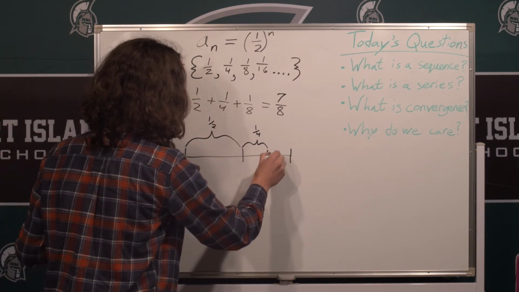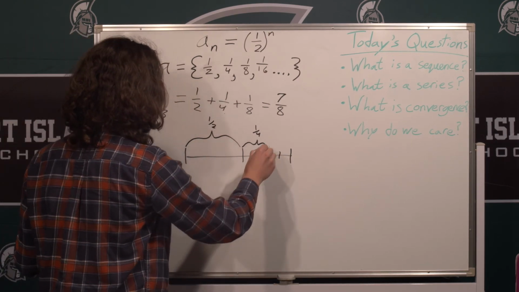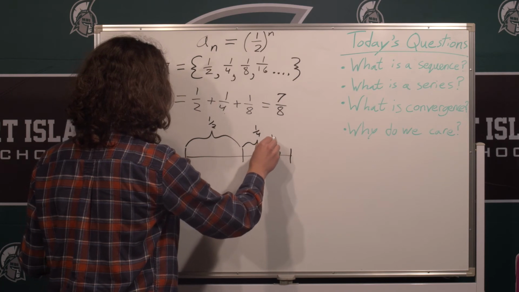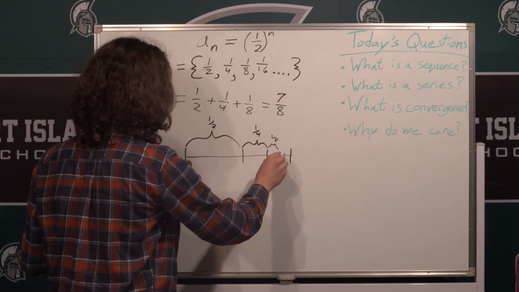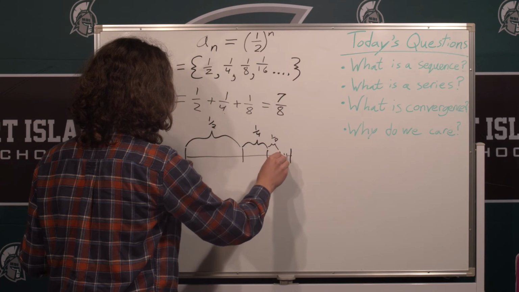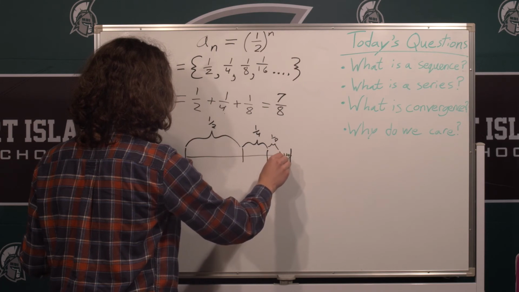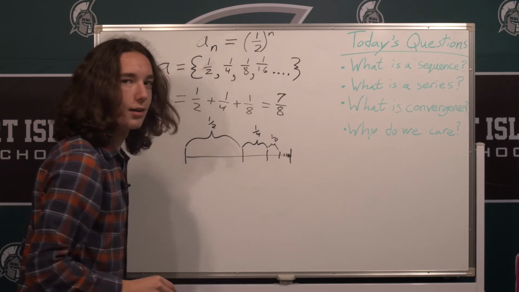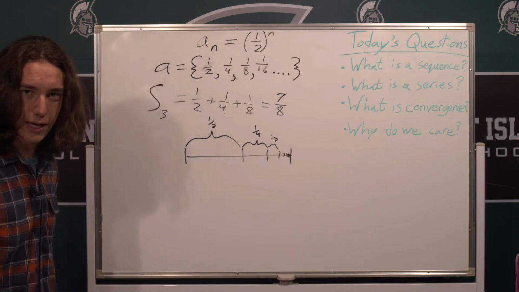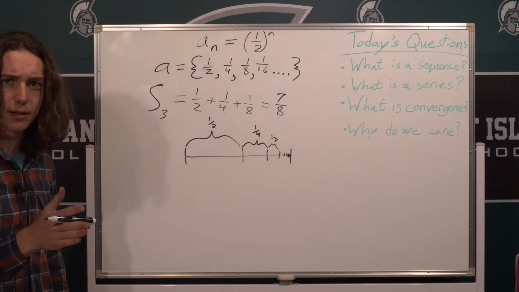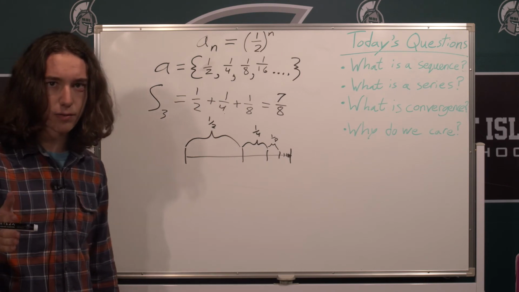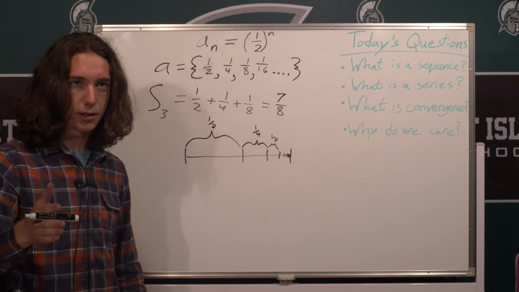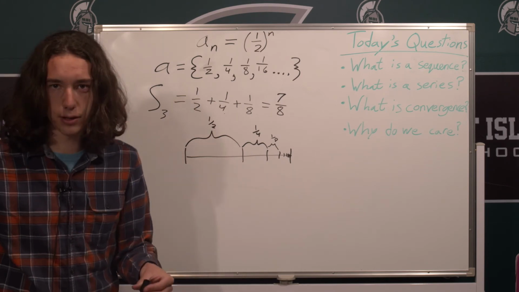And so you then go 1/8, and then 1/16, and then 1/32, and then 1/64, and then you realize that you never actually get there. If you go half the distance, and then half of that distance, and then half of that distance, there's always another half to go.